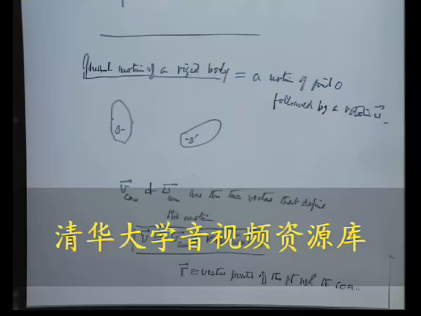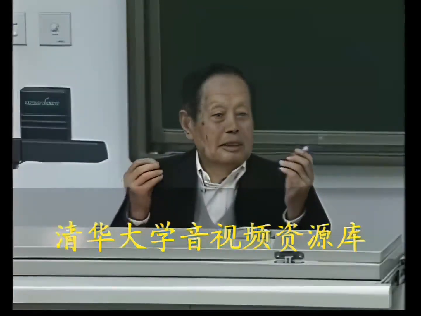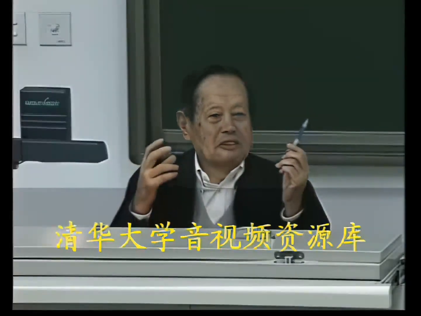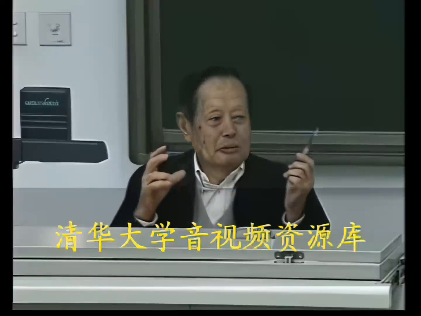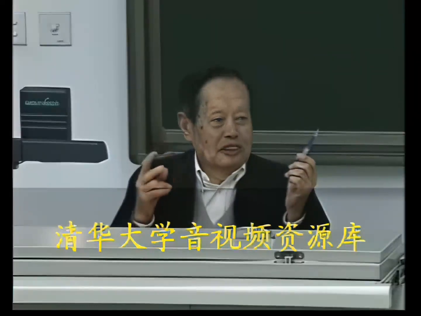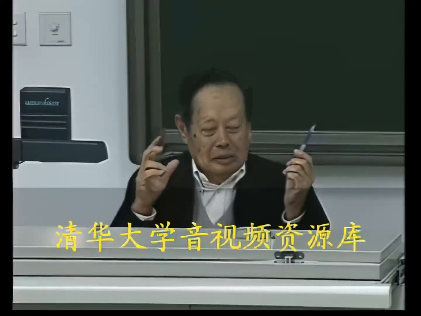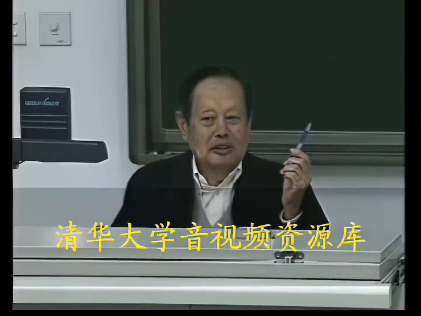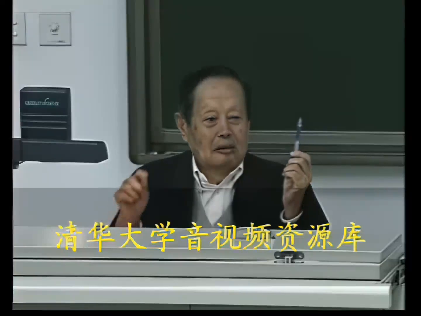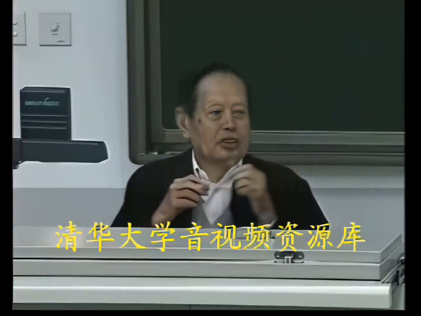What we have just discussed is a very important theorem. We resolve the motion of a rigid body into two vectors, and this formula gives you the instantaneous velocity of every point on the rigid body.